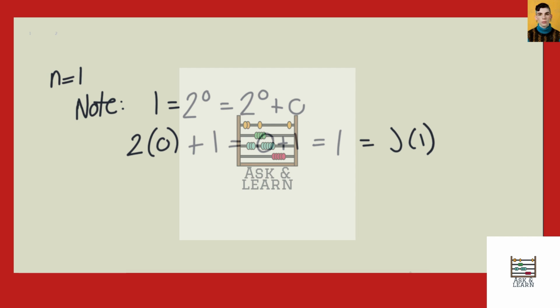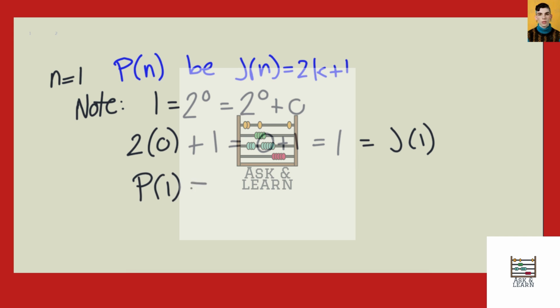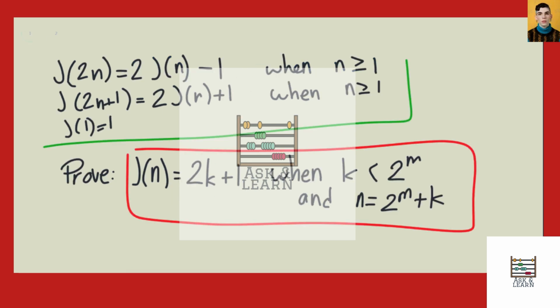Okay, so if we're letting P(n) be j(n) is equal to 2k plus 1, then we can see here that in that instance, P(1) holds, since j(1) is 1, when we have things in this form here.